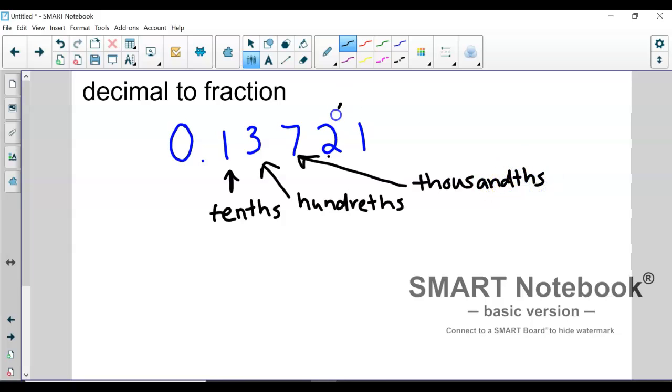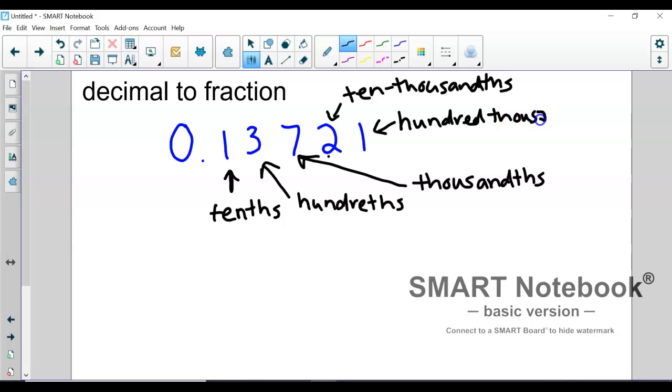And then this one here would be 10 thousandths. This would be 100 thousandths. And so on.